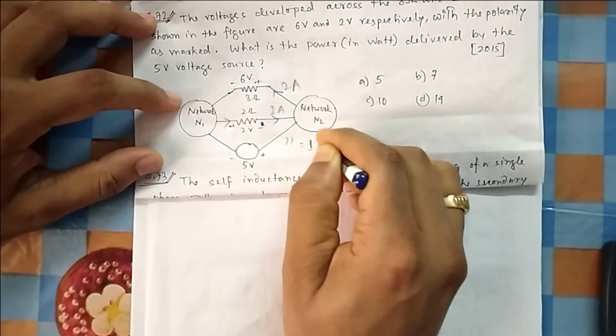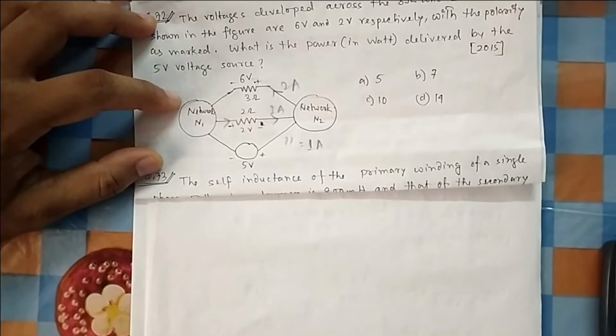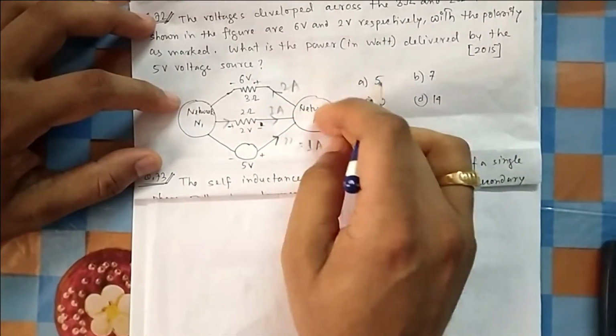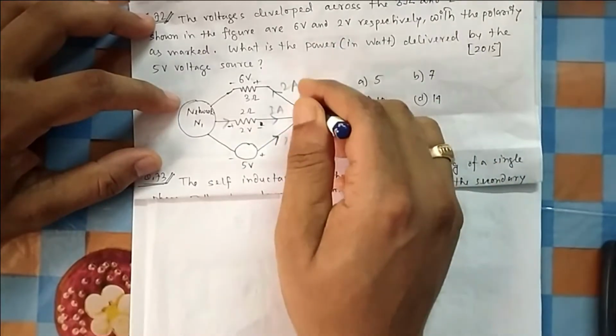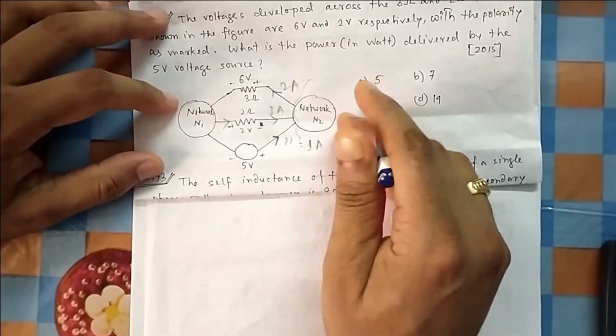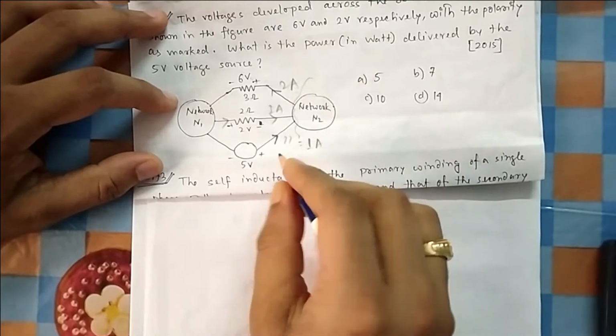This current should also be 1 ampere, because then 1 plus 1, 2 will be entering, 2 going out. KCL has to be satisfied at any junction, at any section. If you take this section, total incoming should be total outgoing. Total incoming is 2, total outgoing is 2. So that's why this branch is also 1.